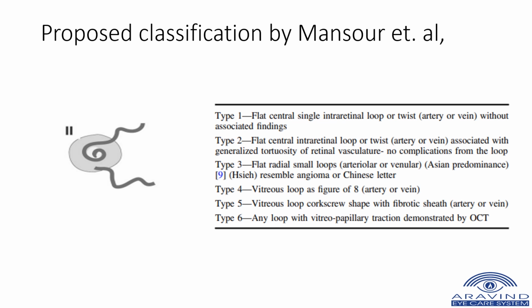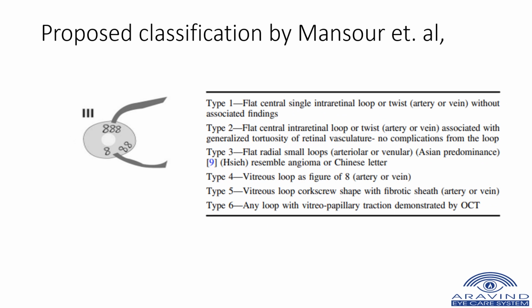No complications arise from the loop. Type 3 consists of flat radial small loops, either arteriolar or venular origin. They are predominantly seen in the Asian population and they resemble an angioma clinically.